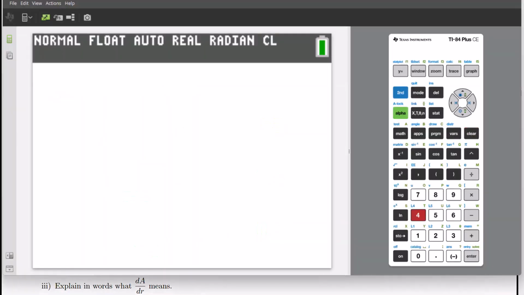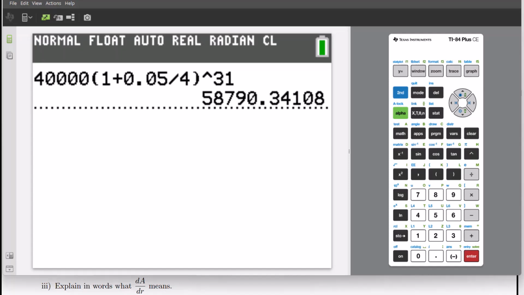On the main calculator screen, I'm just going to type in 40,000 times 1 plus 0.05 divided by 4 to the power of 31, and that will give me the first answer. If I want to do this quickly again without having to type everything all over again, I'm just going to click second and enter. When you do that, it brings back the last entry that I typed in.